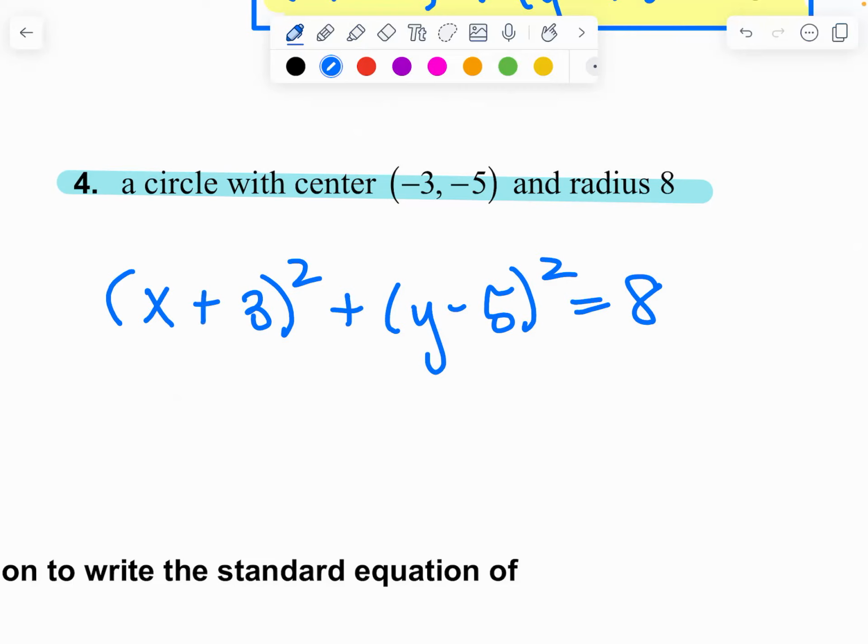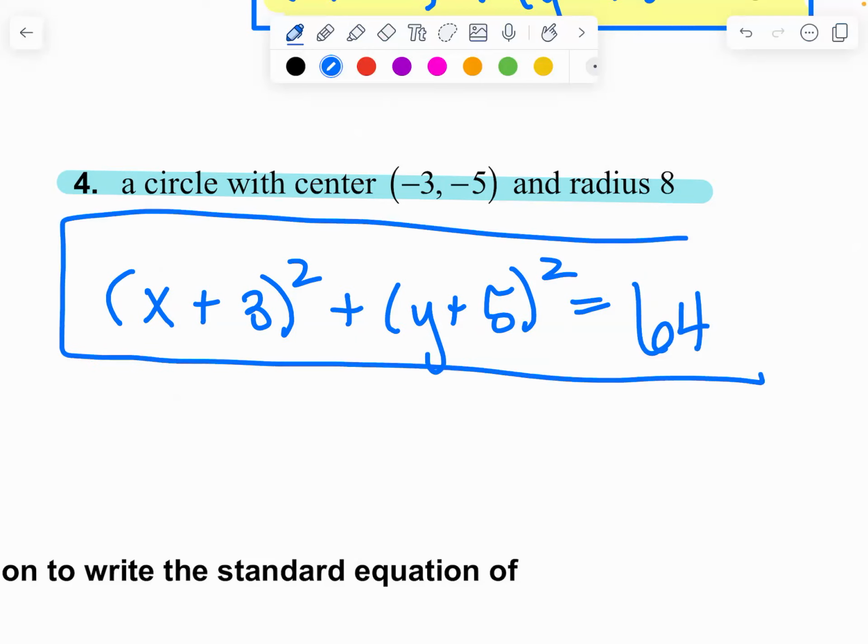So these should be plus because it's x minus -3 and y minus -5. And then Alexa, our radius is 8, correct? So is 8 in our equation or is it 8 squared? Okay, so 8 squared.